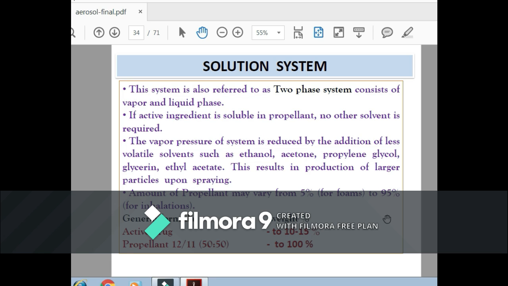Generally when we use ethanol or acetone as a solvent, your drug will be quickly dissolved, and the acetone or ethanol will be miscible with your propellant. So that's why they have only a single phase, and gas is produced after filling inside your container. The gas of that propellant is called the other phase. That's why in case of the solution system there are only two phases.